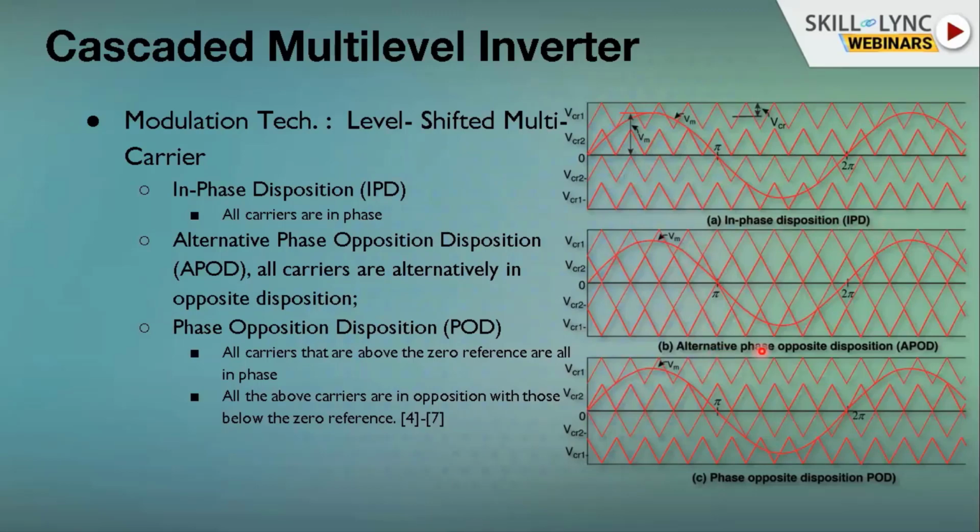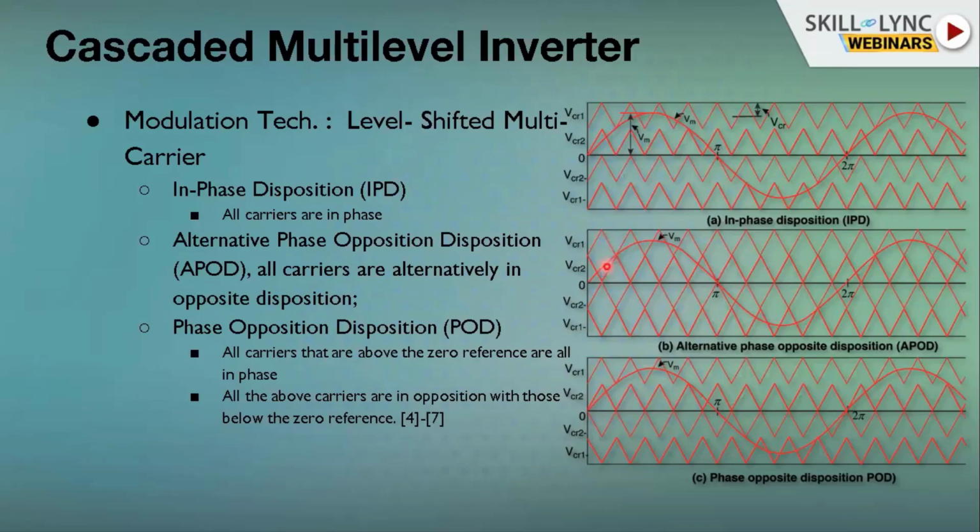Now look at alternate phase opposite disposition, properly known as APOD. You see the first one, the peak is here, and then the one immediately below it will have its low end peak. So you make one carrier with a peak, and on the next carrier you have inverted it.